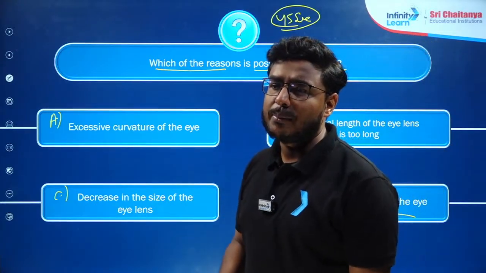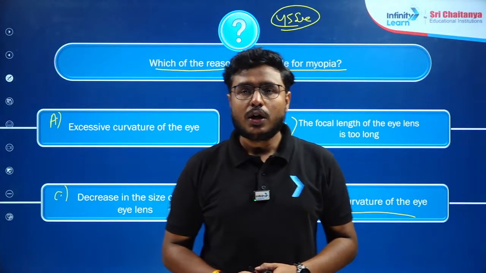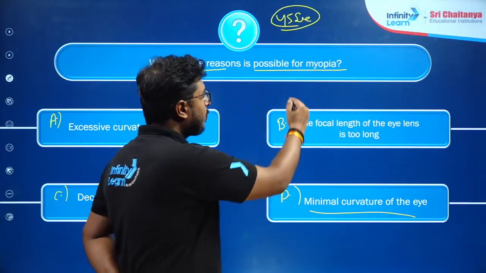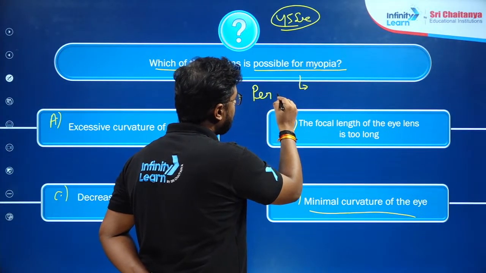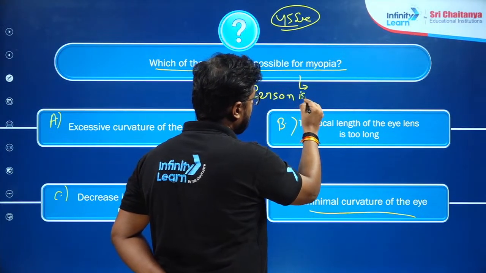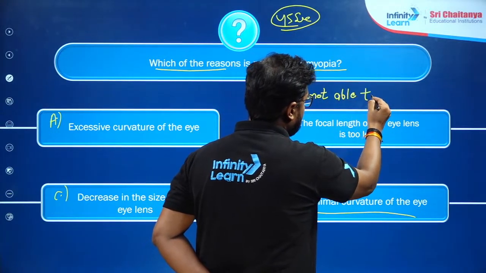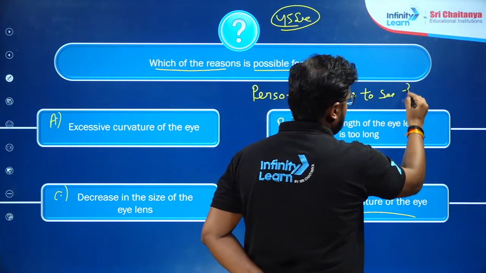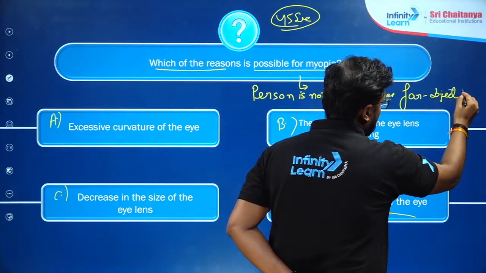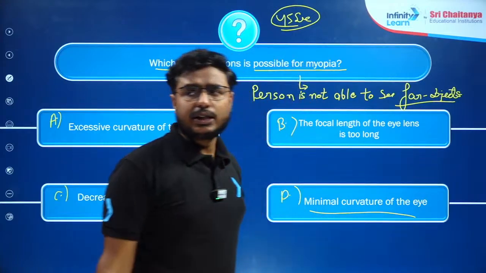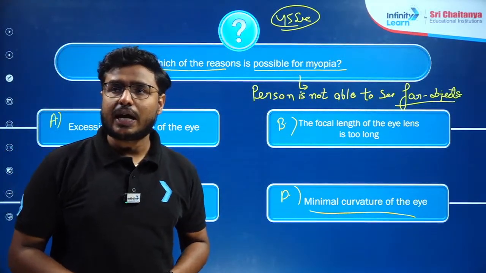I hope you remember about the myopia, जिसके बारे में हमने काफी डिस्कशन किया था, myopia, hypermetropia. तो अगर हम myopia के बारे में बच्चों बात करें, so myopia is a kind of defect in which person is not able to see far objects, or distant objects, but you can clearly see the nearby objects, right? What is the reason behind that? Why is it happening though?